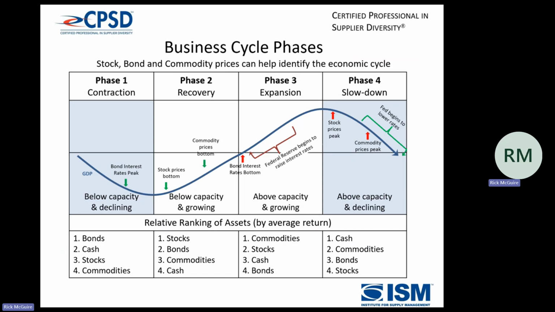So here, stock, bond, and commodity prices can help identify the economic cycle because these are all things that are published daily in the financial press. So here's phase one, contraction. And this blue line is gross domestic product. So in phase one, you're below capacity and gross domestic product is declining.